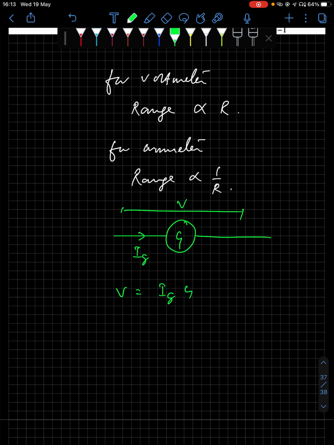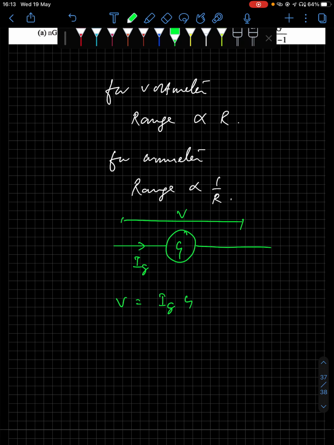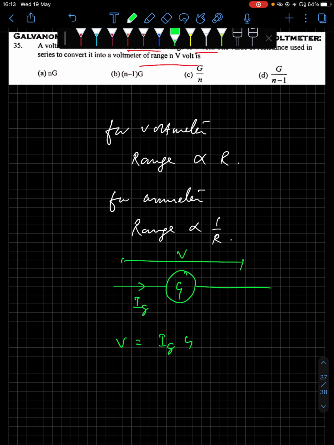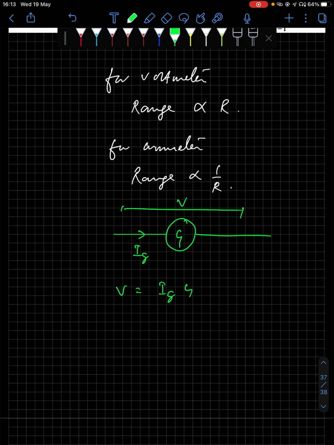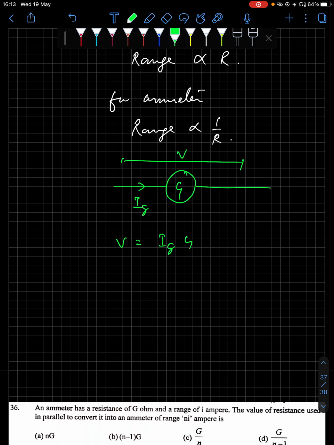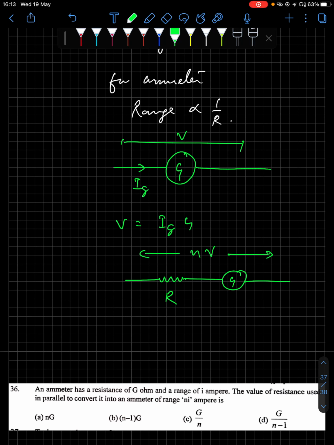Right? Now in the second case, you are increasing the range of the voltmeter, right? So you need to increase the resistance. So we'll put a high resistance in series with the previous voltmeter. So R is the high resistance that you put here. Now the voltage range increases to NV.